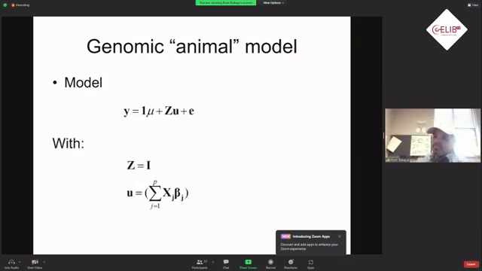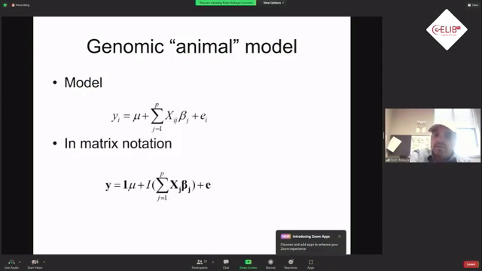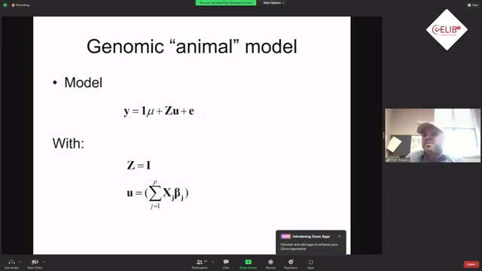And then I can write the previous model, the second equation here, in a much more familiar representation that we as breeders are familiar with. And this representation is the first equation. I have a model, it has an intercept, and then a regression on a set of random quantities I call u and an incidence matrix Z. So Z in this scenario will be the identity, and u will be equal to the sum of the SNP effects.